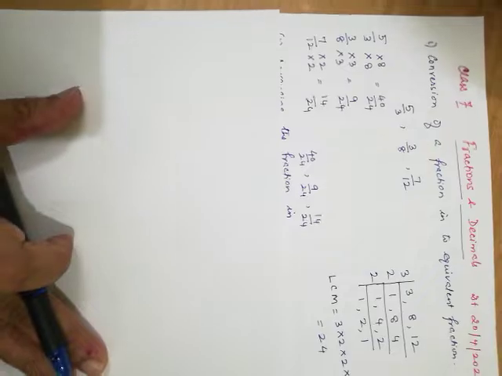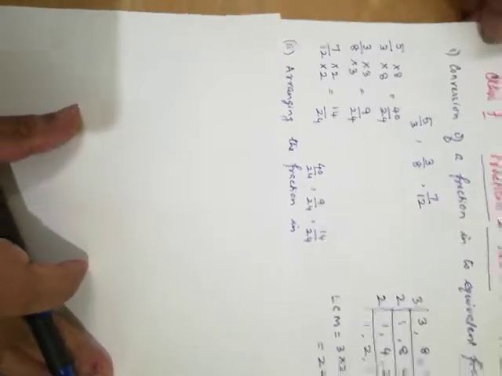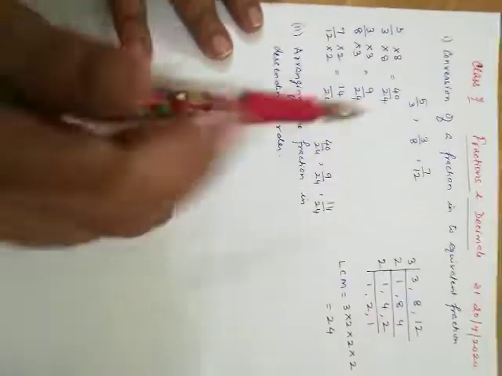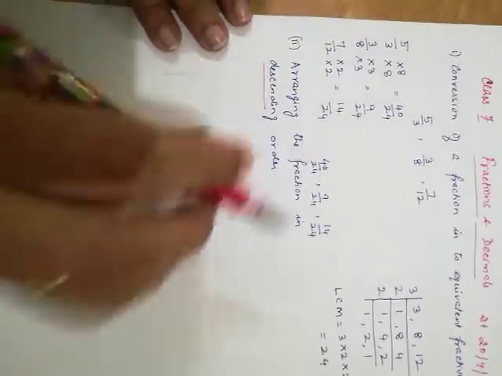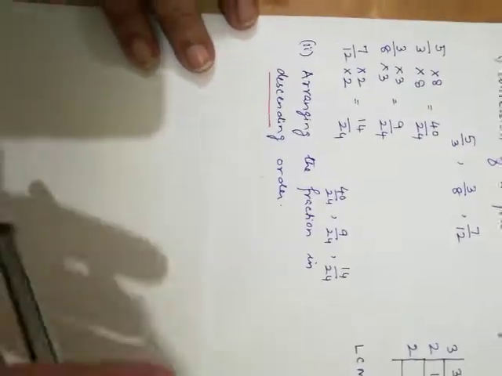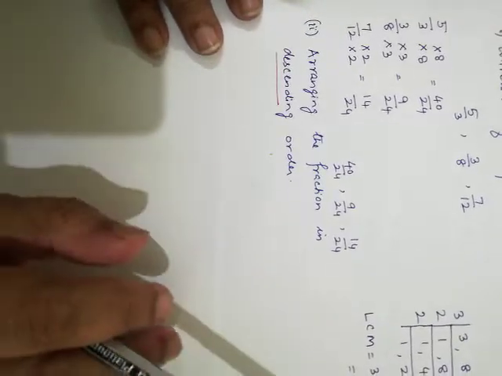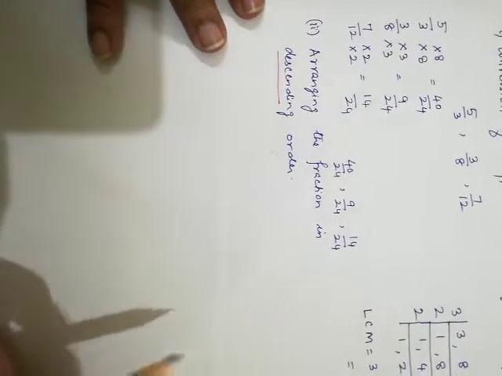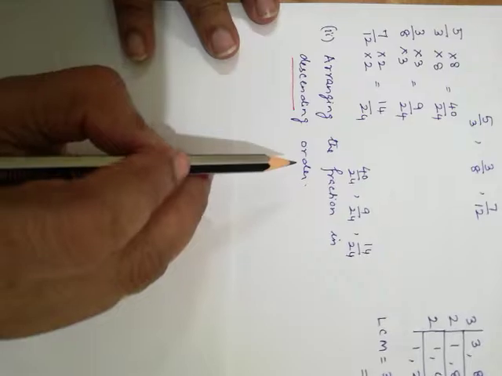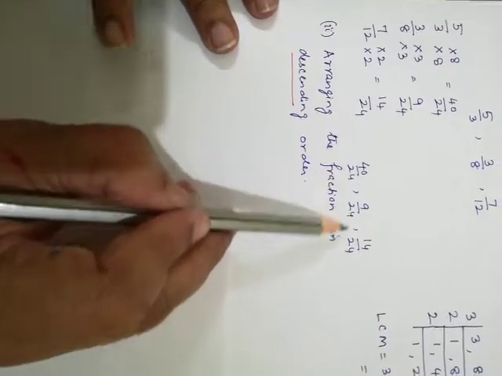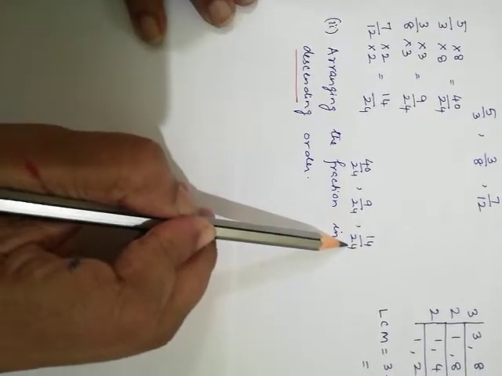Right? Now, next what we'll do, with same question, we'll try to arrange it in the descending order. Descending means from down, D means down, no? So it will go from up to down. So the largest number we are going to write out of this 3 first.